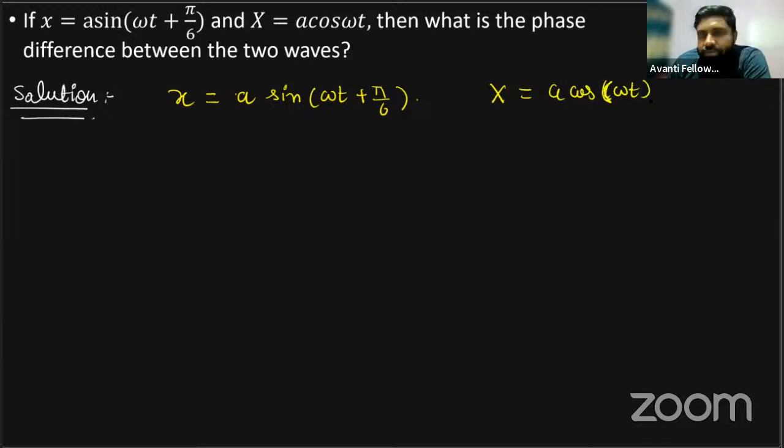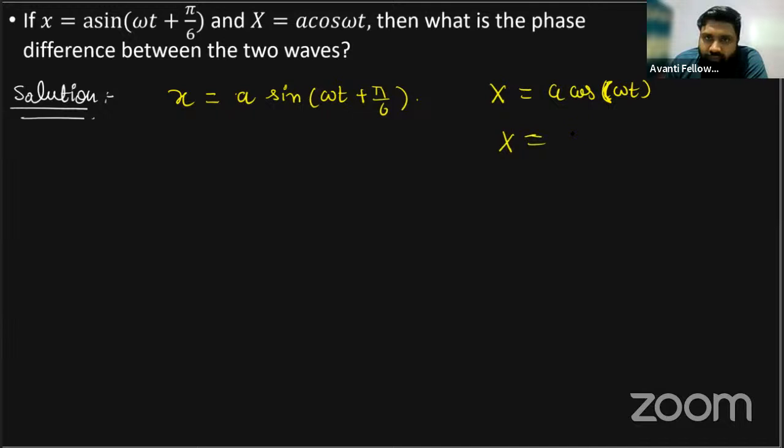Now definitely there would be a phase difference because it is cos here and it is sine. So what we are going to do, we will convert this. Either you can convert this cos function into sine, making both the functions sine, or make both the functions cos. This is the way of dealing with these types of questions. So capital X, I think this would be the right one to convert.